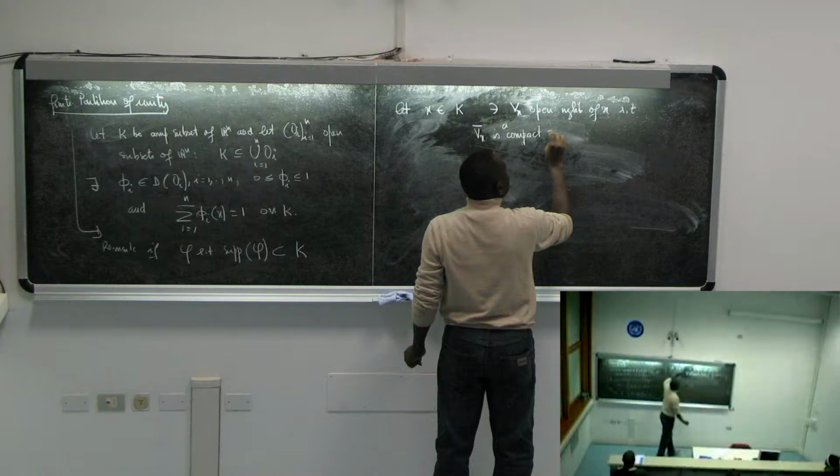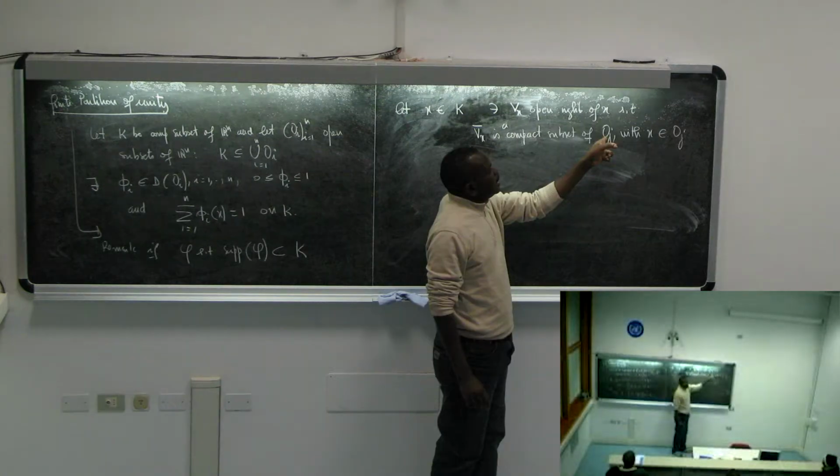It means if I take x in K, I know that there exists some j such that x is in O_j. For this O_j, there exists an open neighborhood such that the closure of this neighborhood is compact and the closure stays inside O_j.